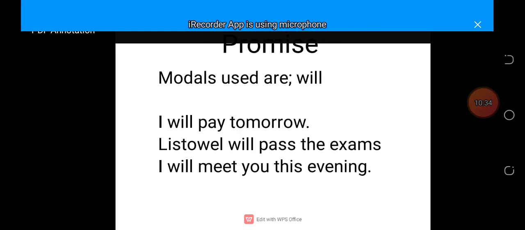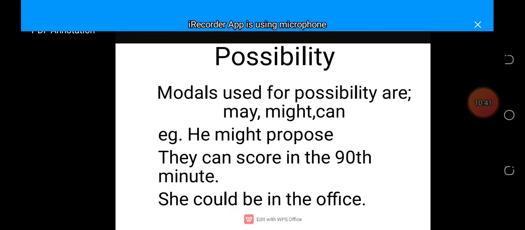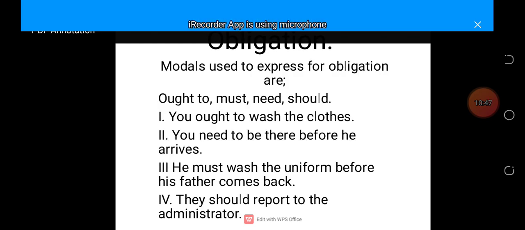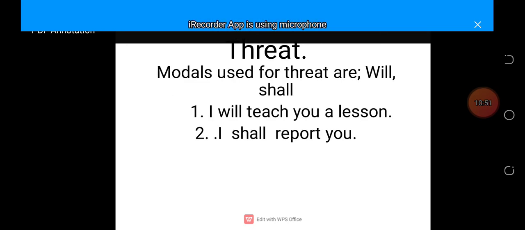We have looked at modals expressing promise. We have looked at modals expressing possibility. We have looked at modals expressing impossibility and modals expressing obligation. We have also looked at modals expressing threats.